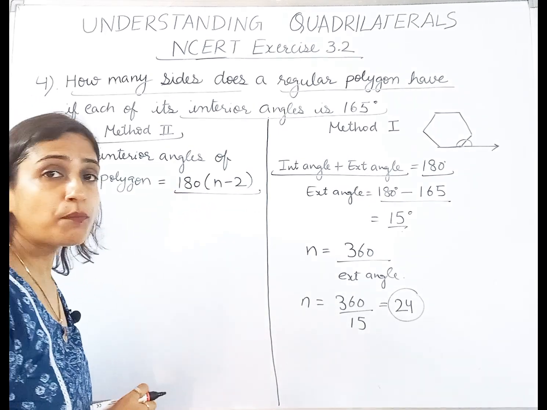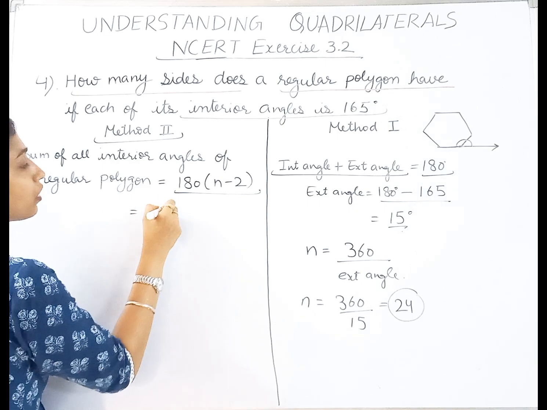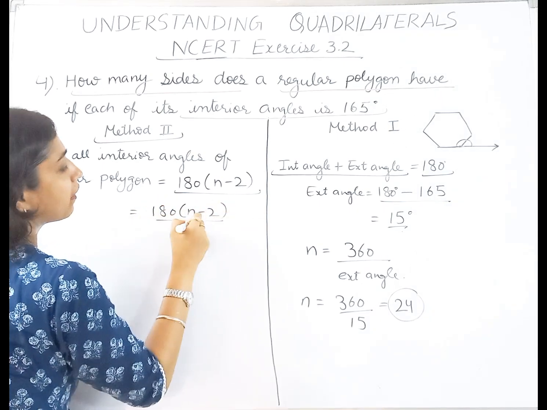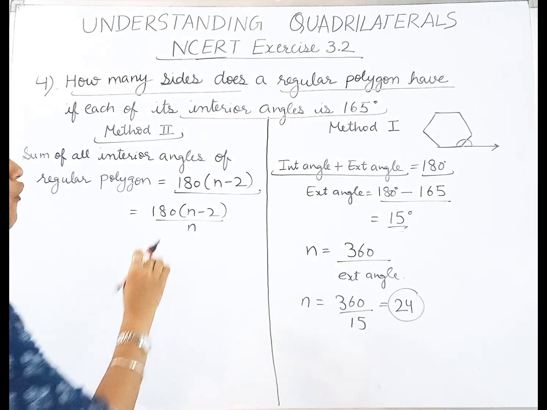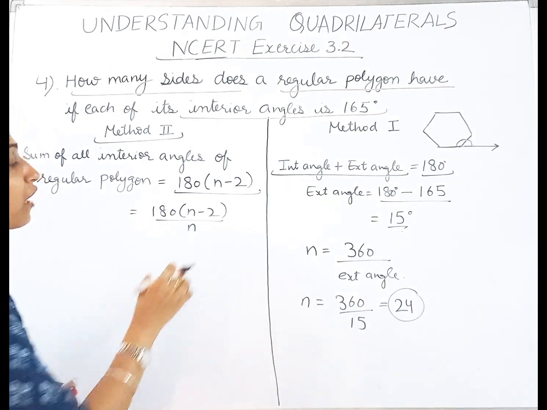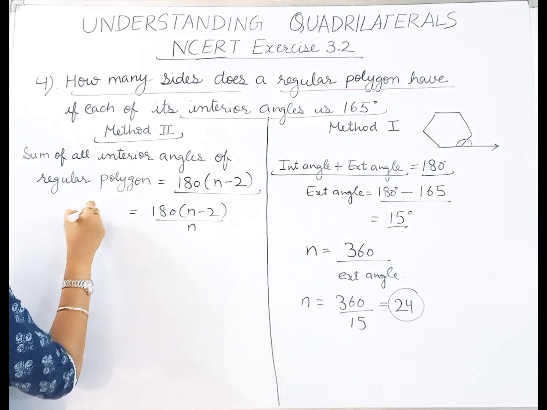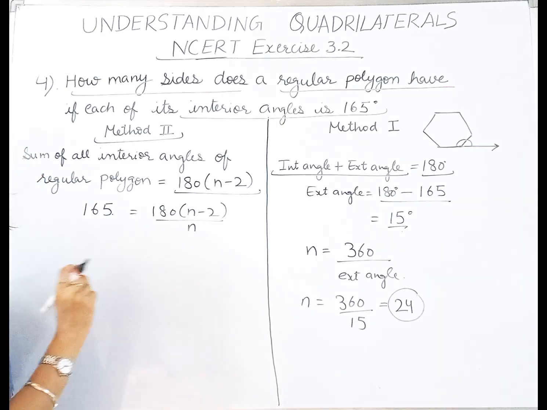And for a regular polygon, each interior angle becomes equal to the sum of all angles divided by n. So this is the value of each interior angle for a regular polygon. And we are given the value of each interior angle, which is 165. So if we solve this equation, we can find out the value of n.